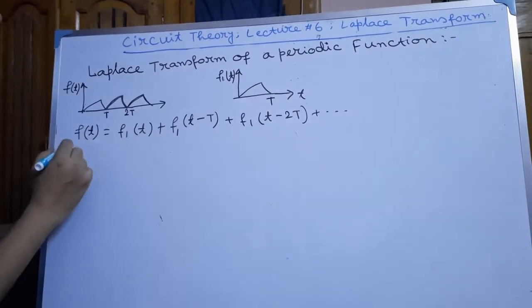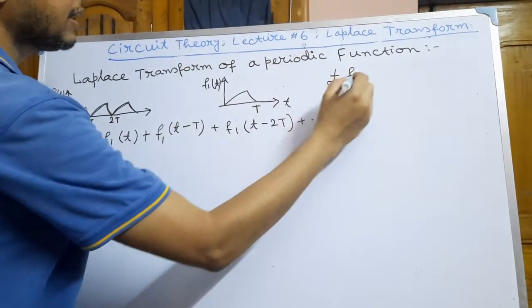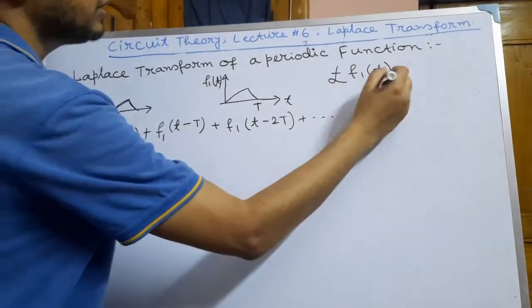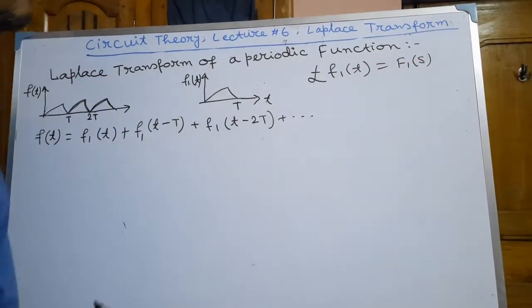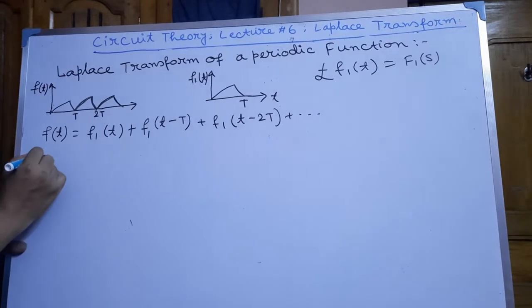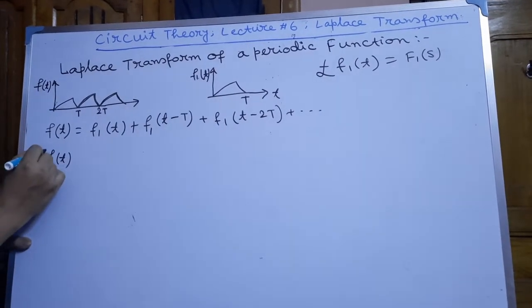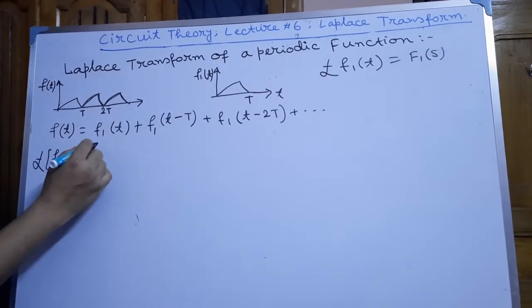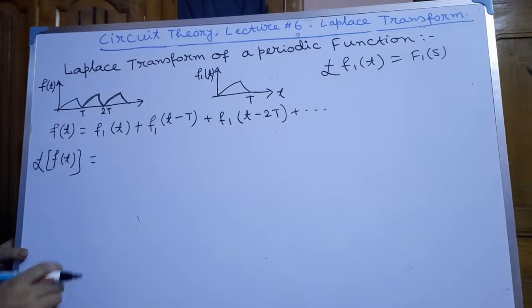Let us say the Laplace transform of f1(t) equal to F1(s). Therefore the Laplace transform of f(t) equal to the sum total of the Laplace transform of all these functions.